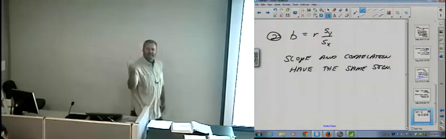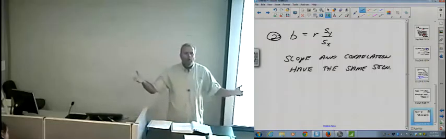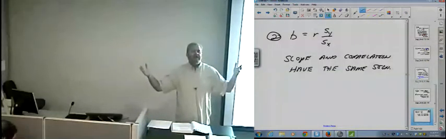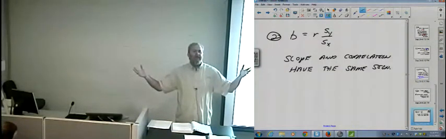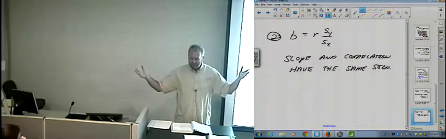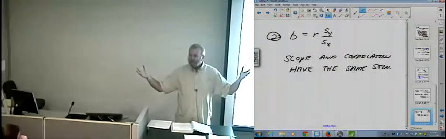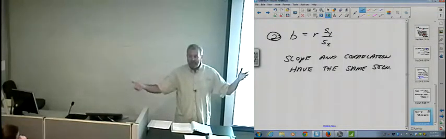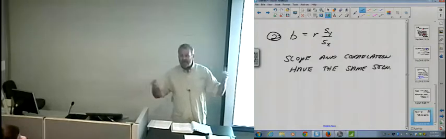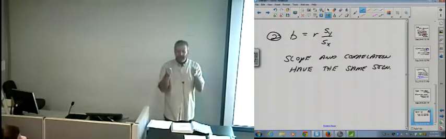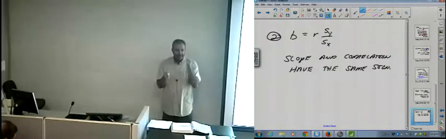Hey, anybody remember anything about the standard deviation? What possible values can your standard deviation take? Can the standard deviation ever be negative? It's always bigger than or equal to 0, correct? So the sign of the slope is coming from the sign of the correlation. They match. Correlation's positive, slope's positive. Correlation's negative, slope's negative.